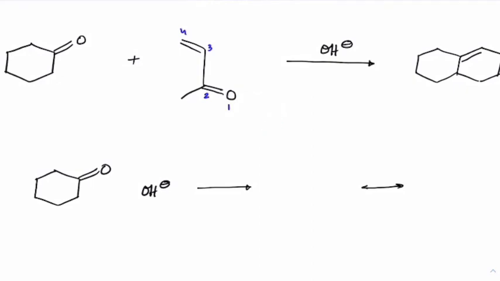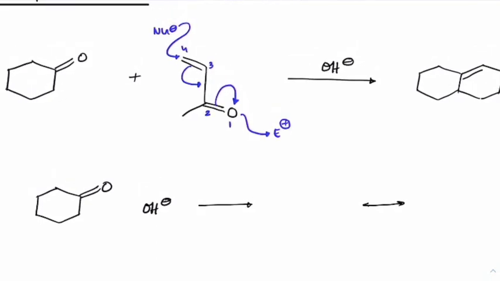Okay. So in short, let me show you that. If the nucleophile gets connected here and this pi will shift onto oxygen, which will be connected with an electrophile, then we call this the 1,4 addition or Michael's addition. Got it.